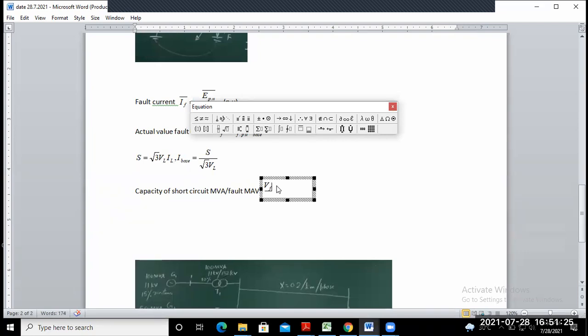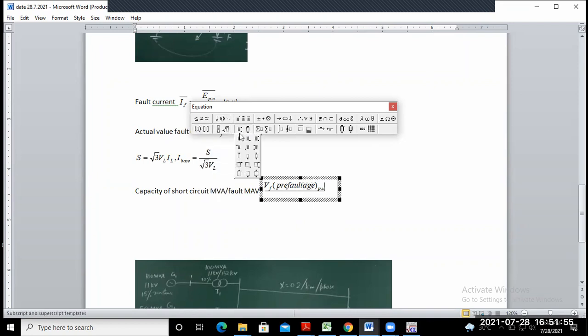So V_F per unit into I_F per unit, that is the fault current in per unit, whatever you calculated in the first equation.